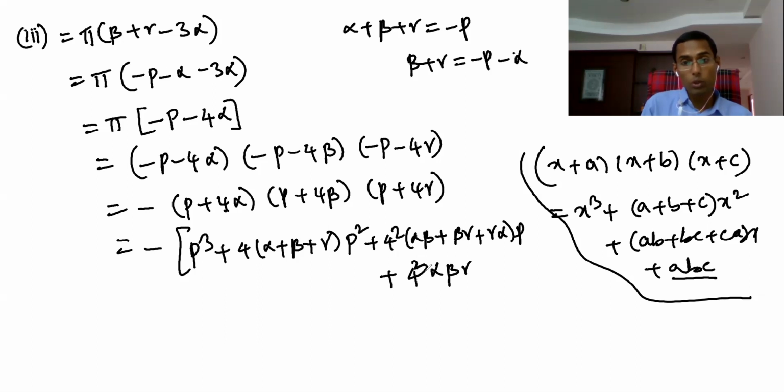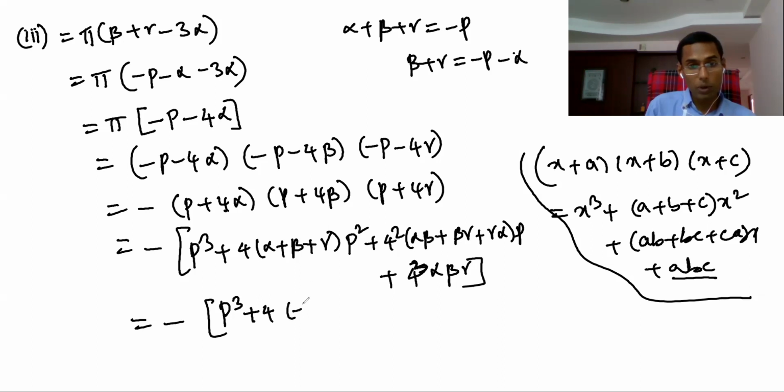So total 4 cube. So what you are going to get is minus of, here this is p cube plus 4 times alpha beta gamma is minus p into p square, 4 square times this is q into p plus 4 cube times this is actually minus r. So 4 cube times minus r.